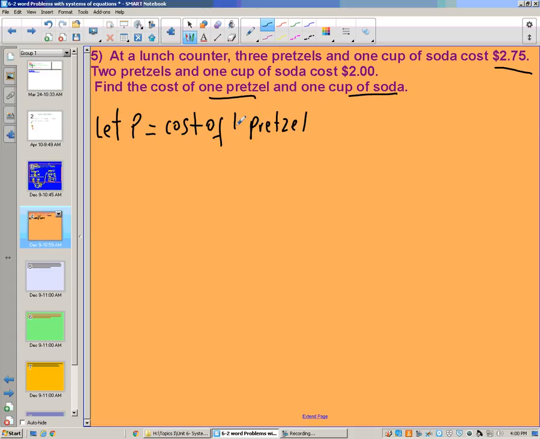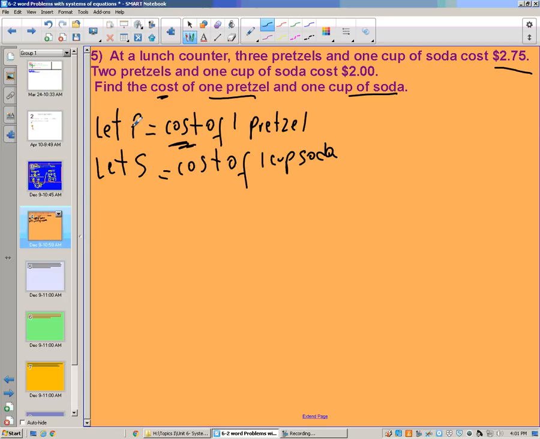Right? It's not 1 pretzel, it's the cost of 1 pretzel, because that's what I want to find, right? And let's call S the cost of 1 soda, of 1 cup of soda.